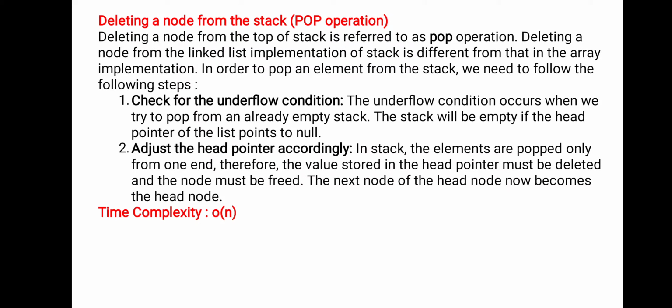Suppose we have a train. The engine is connected to the first box, the first box is connected to the second box, then the third, then the fourth, like that. And the last box contains a cross. I hope you all observe the cross.